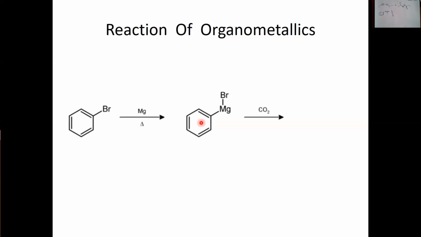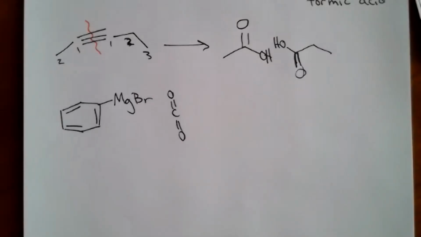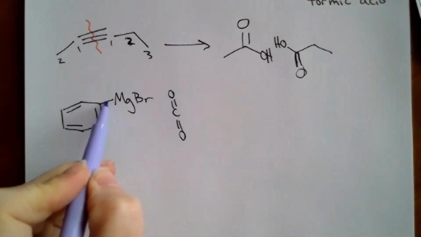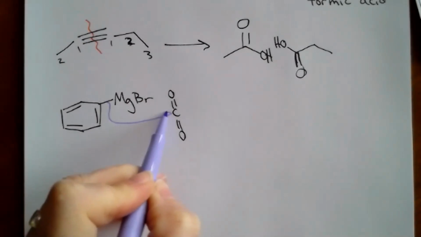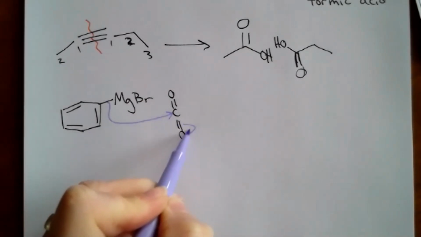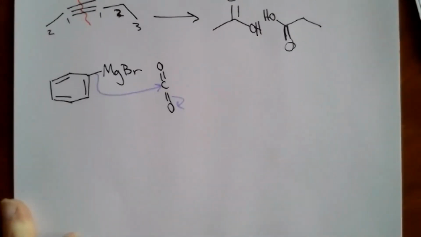So when you add that thing to CO2, dry ice, the lab that we were going to do the week that got canceled, the Grignard, a super strong base, attacks the carbonyl of that dry ice, carbon dioxide.